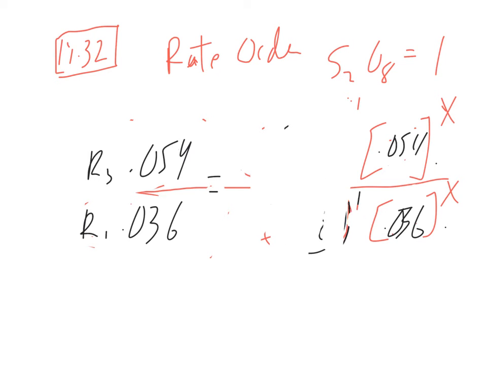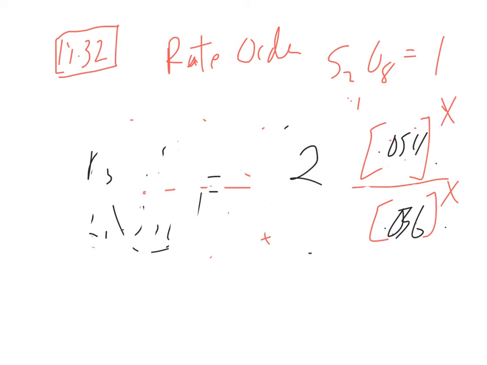So I can get rid of all this garbage here and say basically that one number raised to the first power over the other number raised to the first power is 2. Also, 0.054 divided by 0.036, that I believe is equal to 1.5. So I'm just going to simplify that by dividing.